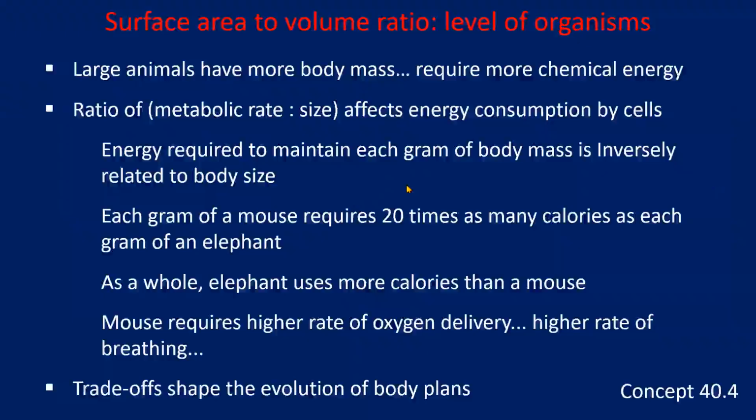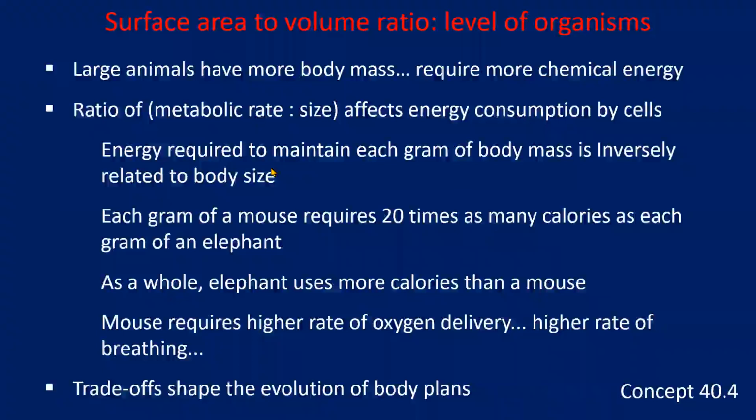So again, when you think about organisms, animals, they have different body mass, and every organism might need a different amount of chemical energy. The larger animals will have more body mass, and they will require more chemical energy. Then you have to think about whether the metabolic rate will get affected, or whether the ratio of body mass and chemical energy will affect the metabolic rate.